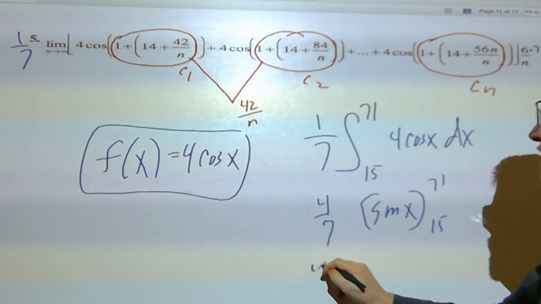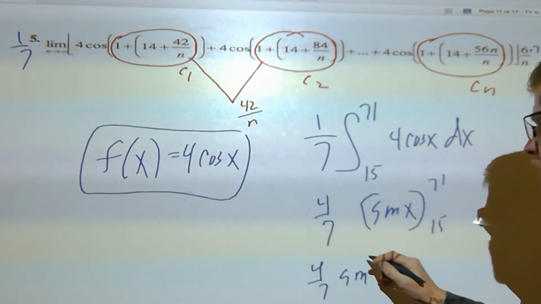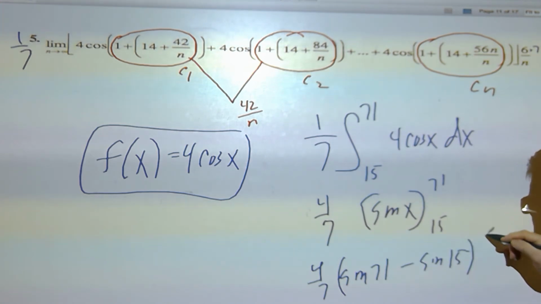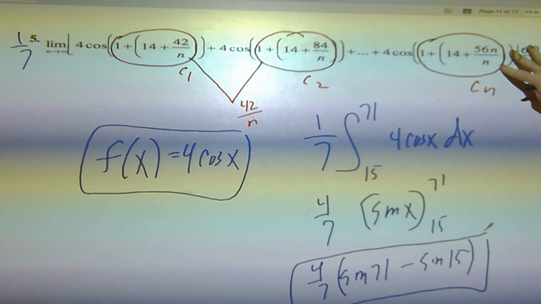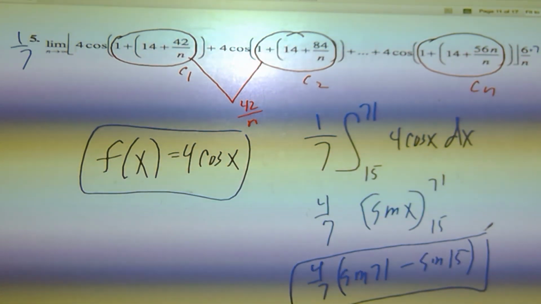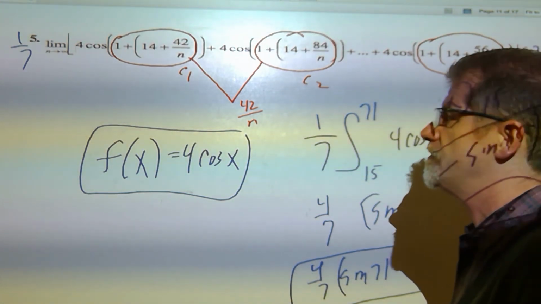So that would be 4/7 sine of 71 minus sine of 15. Of course, that's radians, not degrees. So if someone asks you, what's the limit of this Riemann sum? You could say, well, that is just 4/7 times the quantity, sine of 71 minus sine of 15.